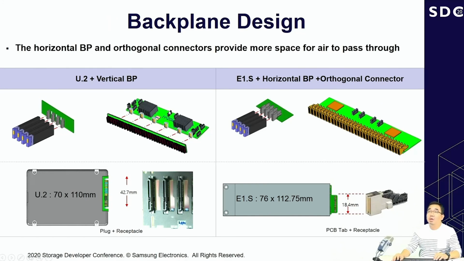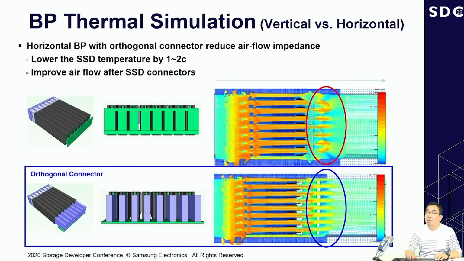Also, the system adopted a horizontal backplane with orthogonal connector. Compared with the traditional U.2 form factor with a vertical backplane, you can have more space for air to pass through the system to eliminate airflow impedance. We simulated two different types of backplane designs.